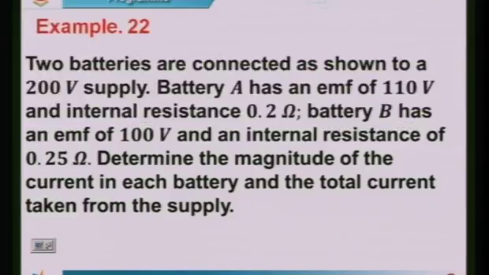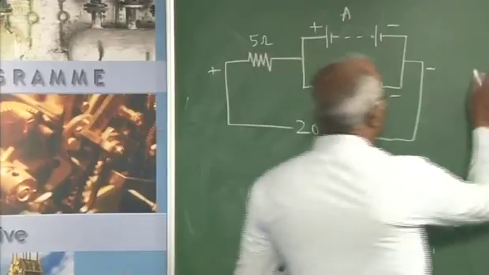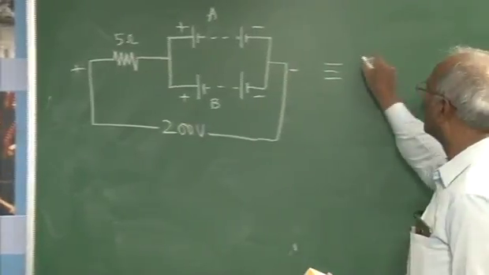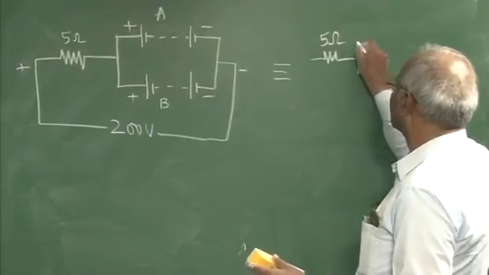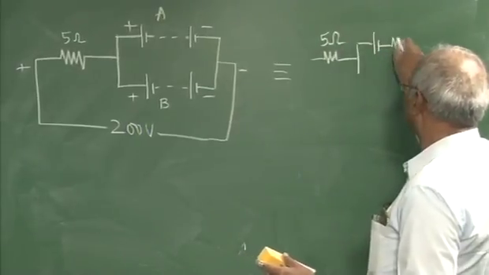Two batteries are connected as shown to a 200 volt supply. Battery A has an EMF of 110 volts and an internal resistance of 0.2 ohm. The same circuit can be redrawn with reference to other data. This is 5 ohm. This can be simplified as this.